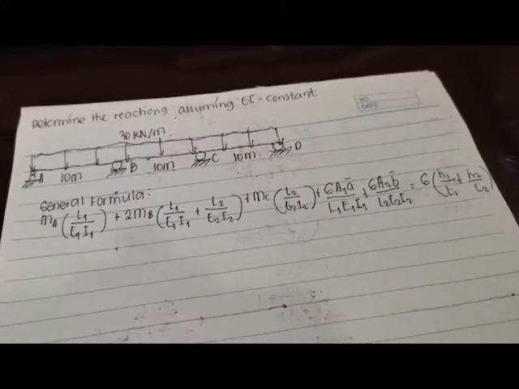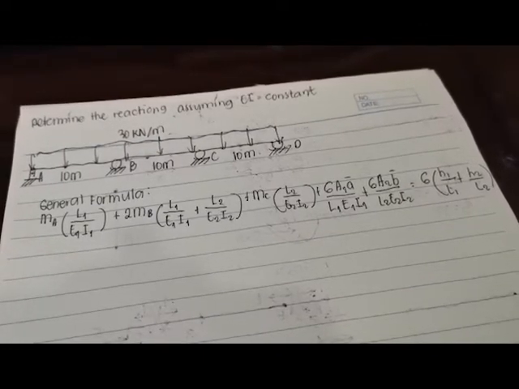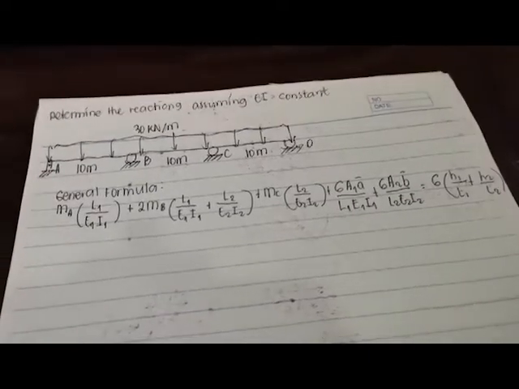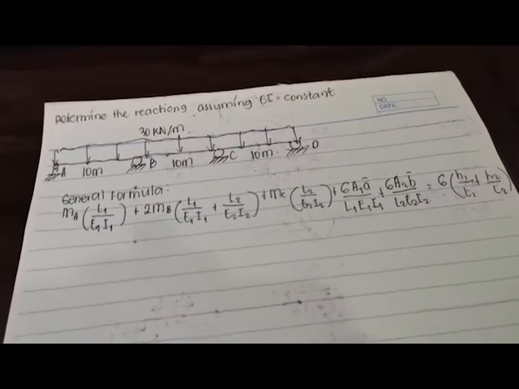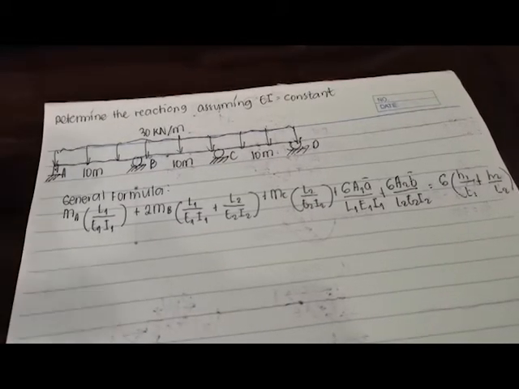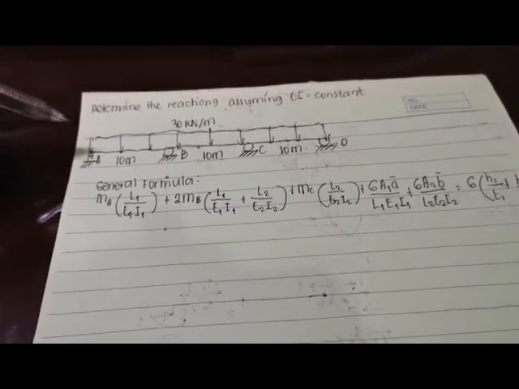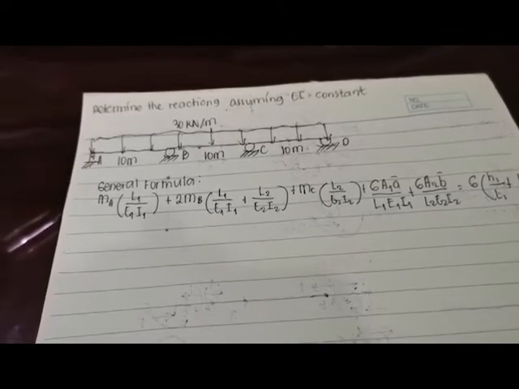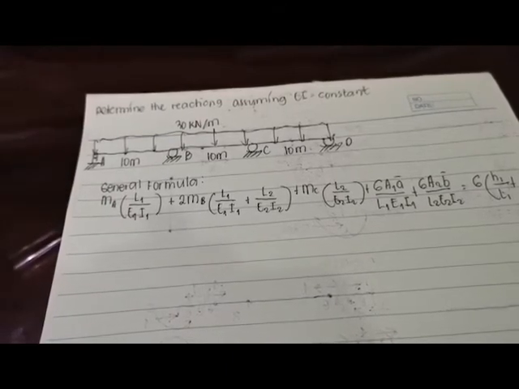If you are able to solve for the internal moments, you can solve the reactions. So first we choose three points where we form an equation. The three points should be supports, and of course they should be adjacent.